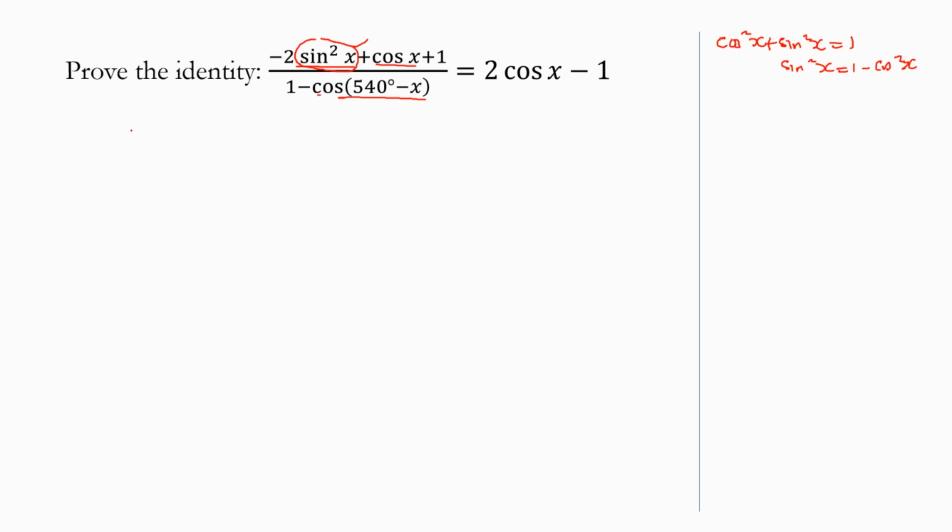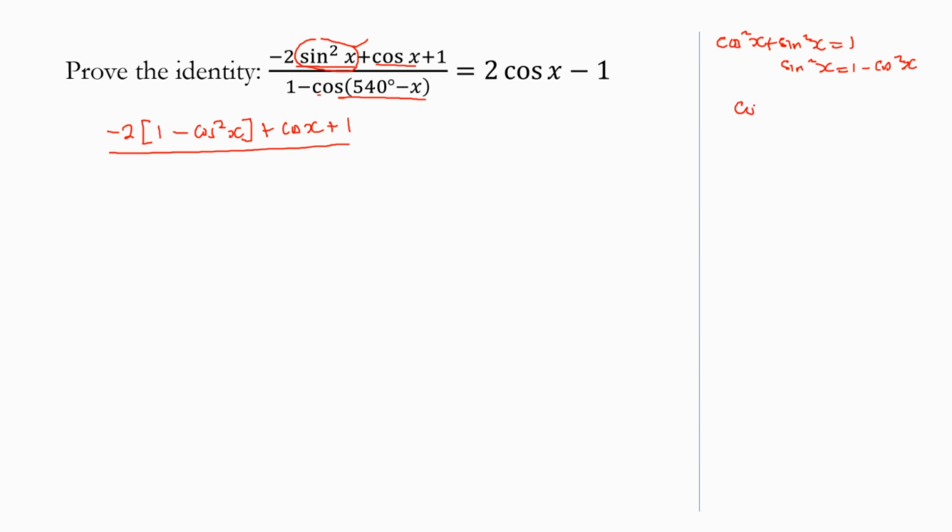So it's going to be negative 2 times (1 minus cos squared x), plus cos x plus 1, all this over, and then we have angles greater than 360 here.